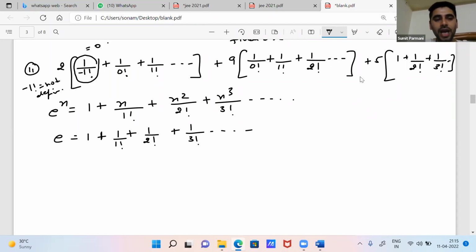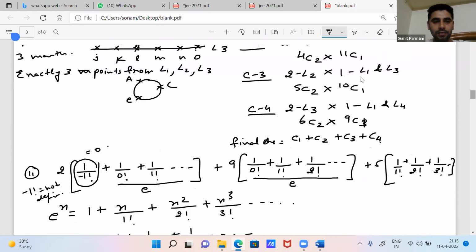Okay, and if we start from here, this is your e. Here we have 1 by 1 factorial.